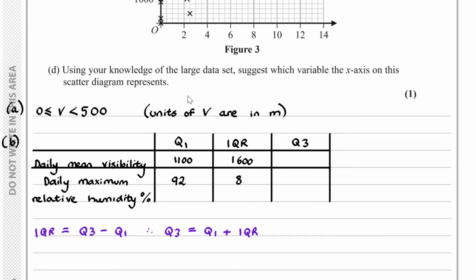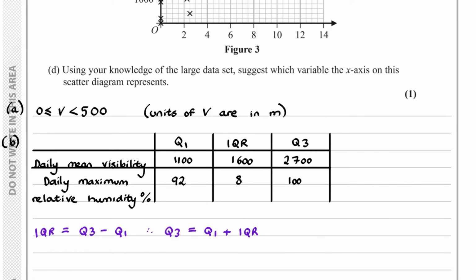So 1100 plus 1600, that will be 2700. 92 plus 8, that will be 100.